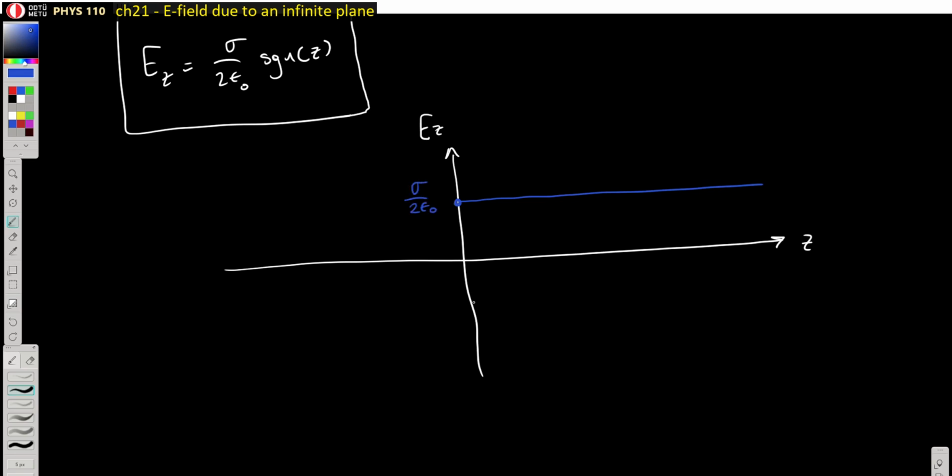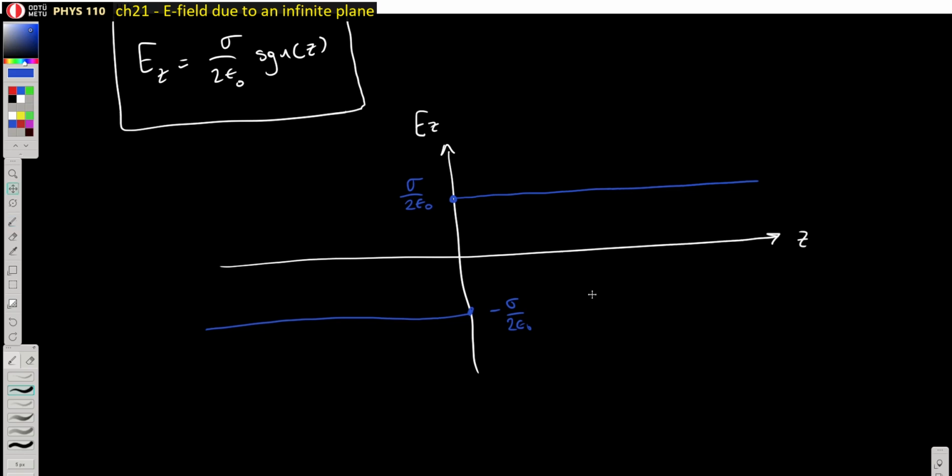There is a discontinuity in here, so on the opposite side of the plane with a negative z component, the electric field has a z component which is minus sigma divided by 2 epsilon 0. So this is also constant like that, and there's a jump discontinuity in here. All right, so that's basically the feature in here.